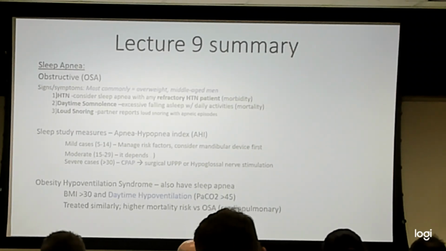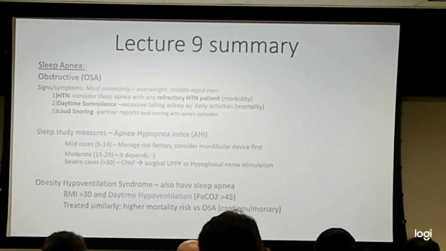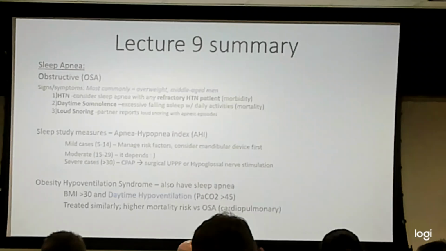All right, sleep study measures, we talked about the AHI. We define mild cases as 5 to 14 events per hour. And those are typically managing risk factors, losing weight, not doing sedatives at bedtime, treating your chronic sinusitis, things like that.